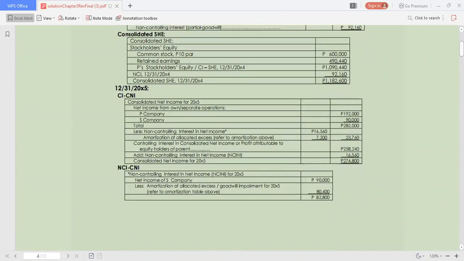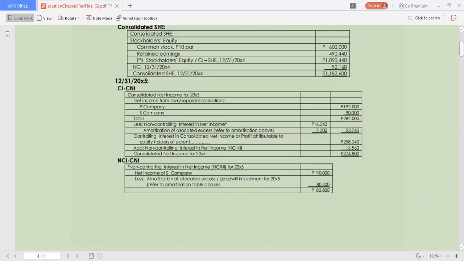Then for December 31, 20x5, the consolidated net income, you have net income from own separate operations 192,000 for 20x5, and we are now adding that of S company of 90,000.